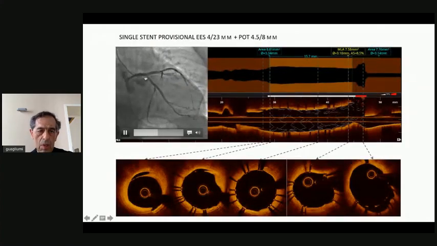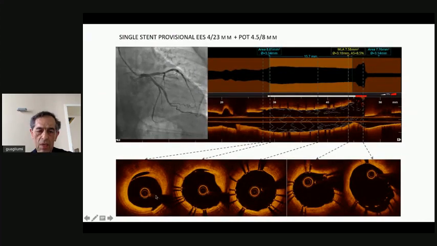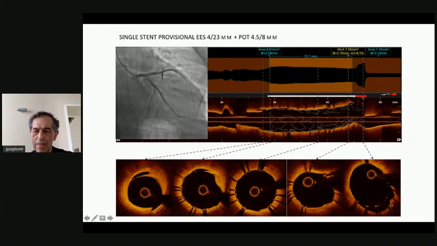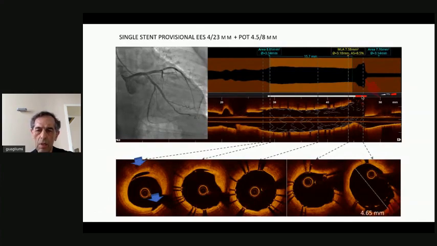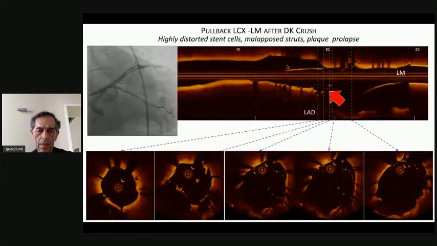Here is one example of a single provisional stent that seems good in terms of angiographic results. Here you can see a dual layer dissection distally with quite a large angle, and here you can see the malposition identified in the cross-section and by the rendering of the stent in red.